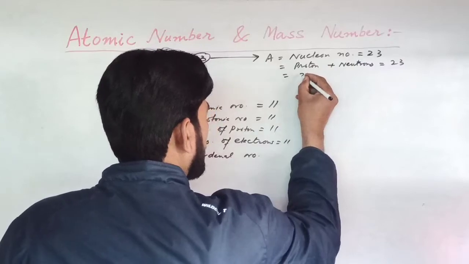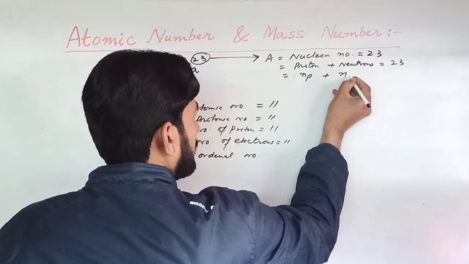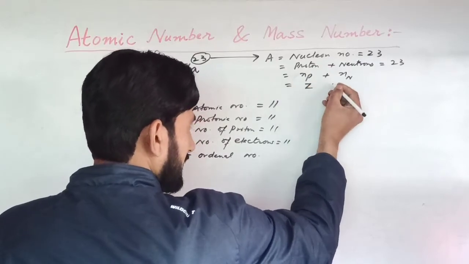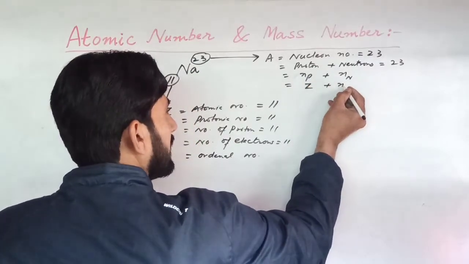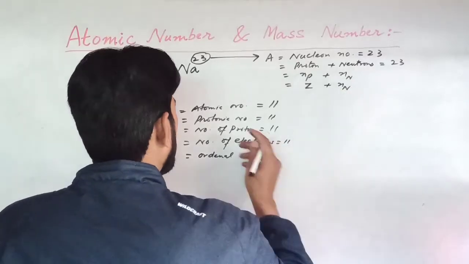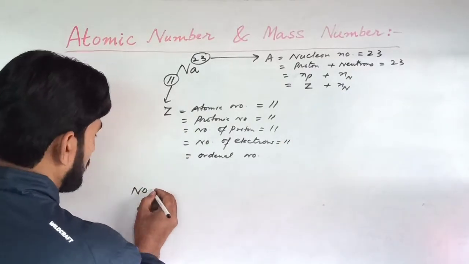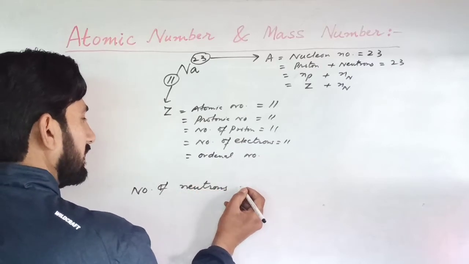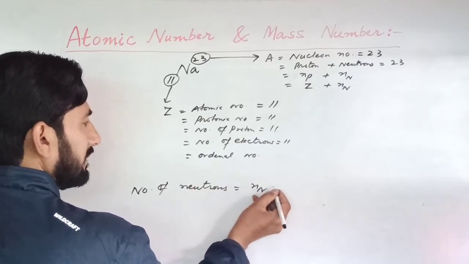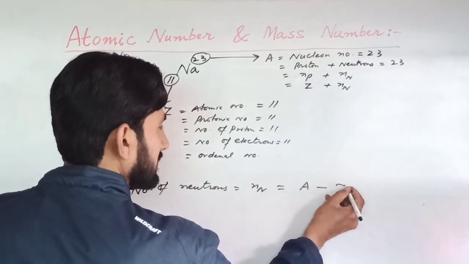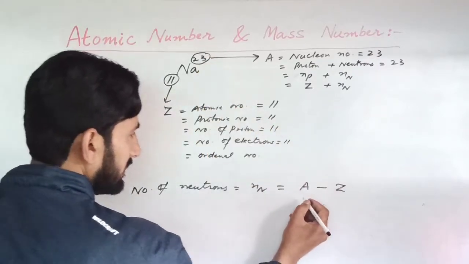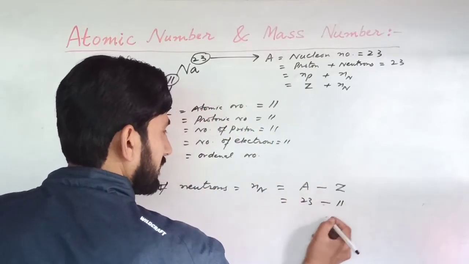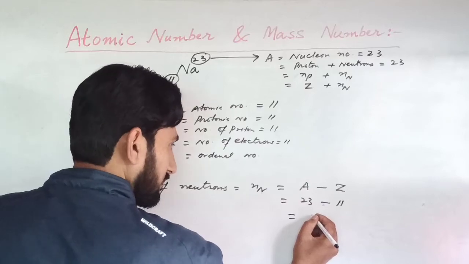That is, number of protons plus number of neutrons. Number of protons is represented by Z, and number of neutrons is N. In this case, the number of neutrons is equal to A minus Z. Here A is 23 and Z is 11, so it is equal to 12.